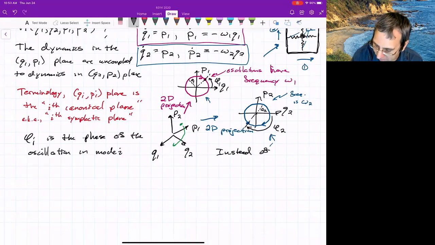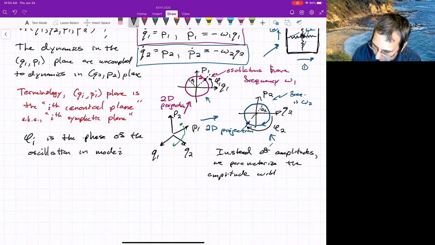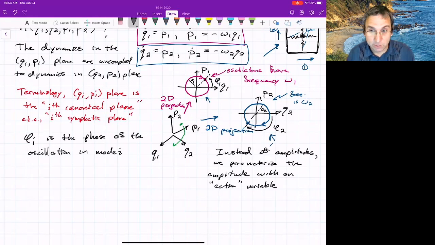This will become clear later, but instead of amplitudes, we have things related to amplitudes. So we parameterize the amplitude with an action variable. I think in the first lecture, I mentioned something about action-angle variables being this second best way of describing a system, a lot better than just the original given coordinates.